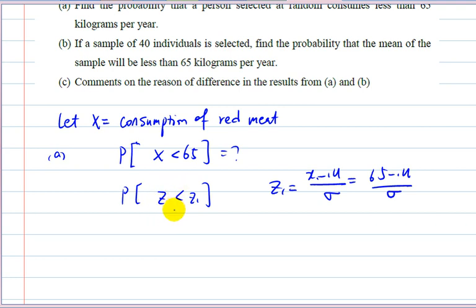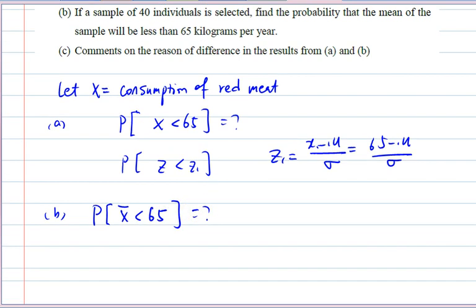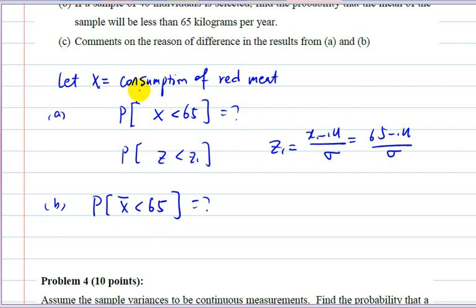Part B is different. You're taking a sample of 40 and calculating the mean, to find the probability that the mean of the sample is less than this value here. Basically you're looking at the probability of X bar less than 65. Again, you don't calculate like that.